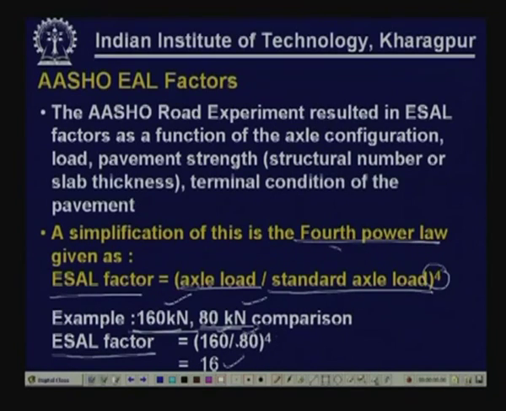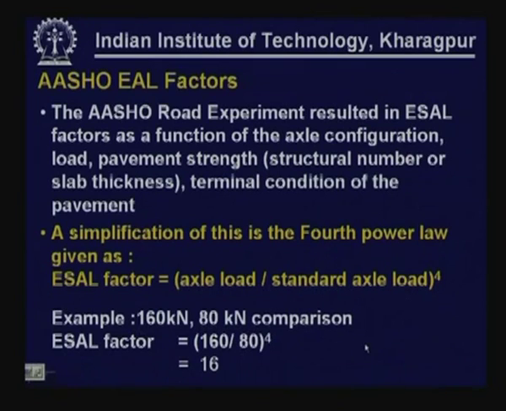This means that a 160 kilonewton axle is capable of producing about 16 times more damage compared to an 80 kilonewton axle. So this way you can obtain equivalent standard axle load factors for different load groups, only we have to use the fourth power law.